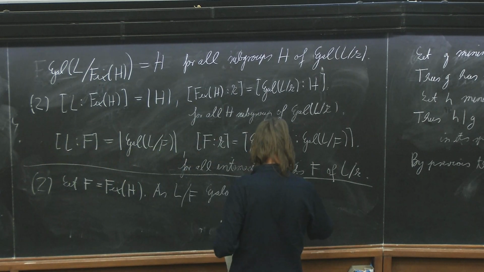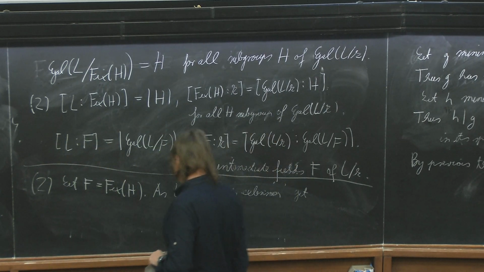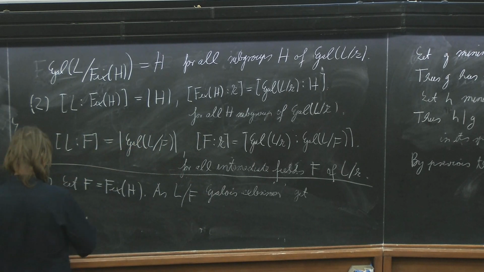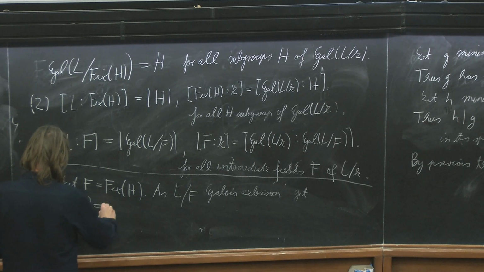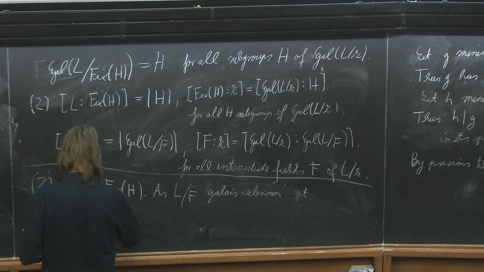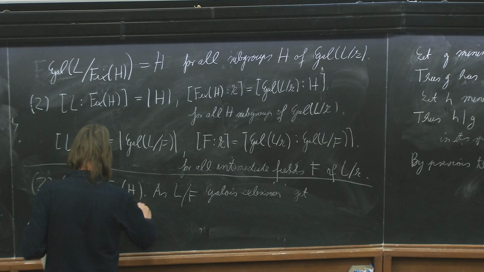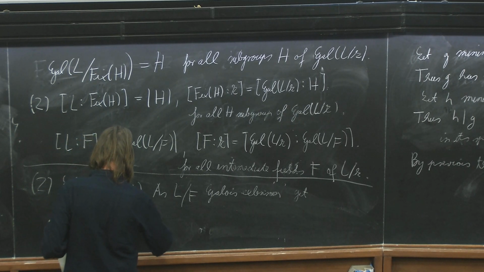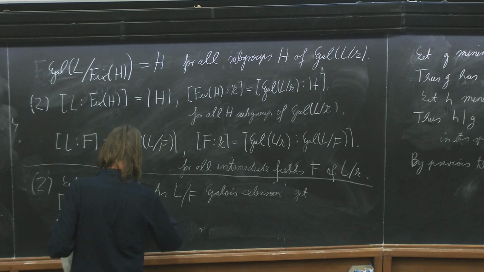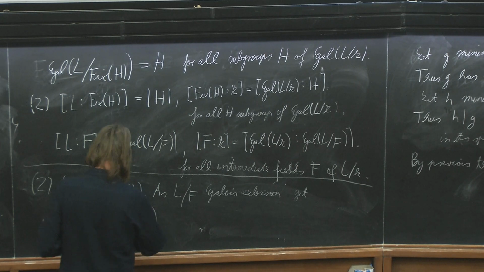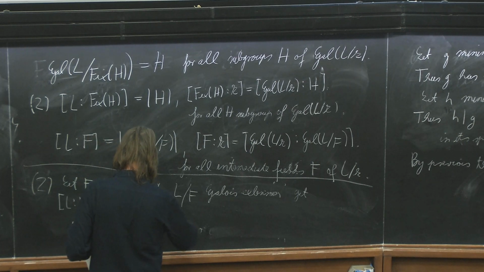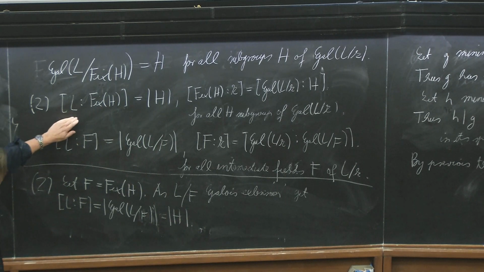So we get the degree of L over F is equal to the number of elements in the Galois group of L over F. And we had just seen that, F being the fixed field, this is just the number of elements in H. And so this is the first statement here.